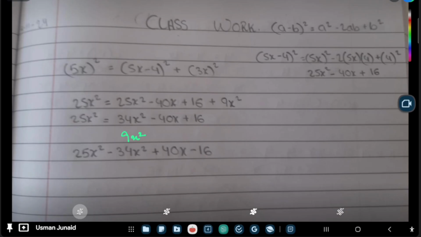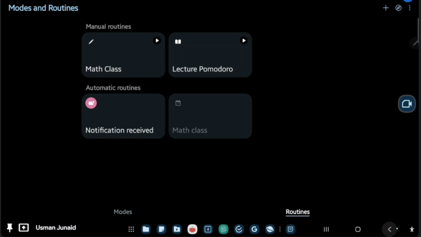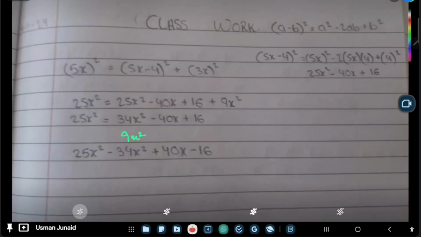You've expanded this, right? Which will give you this much, and this is equal to 25x square and 3x whole square, which is 9x squared. Okay, Nabila, do you understand? Yes, sir. Okay, this becomes plus here. And now you have 25 on this side, which will minus 34x square, which gives you 9x square minus 40x plus 16. Okay, we've reached this point.